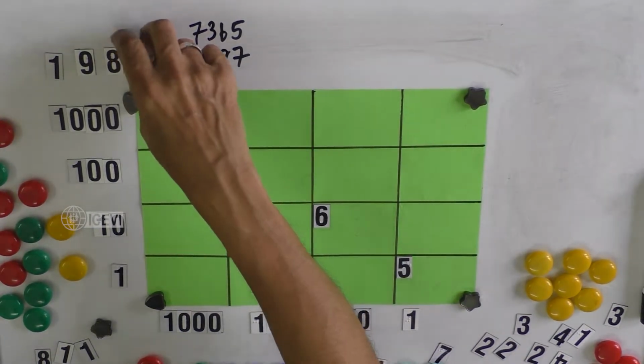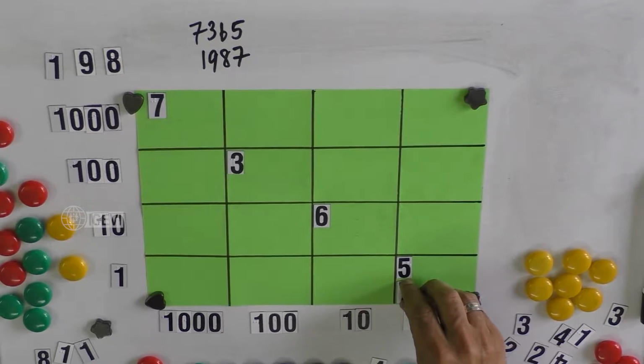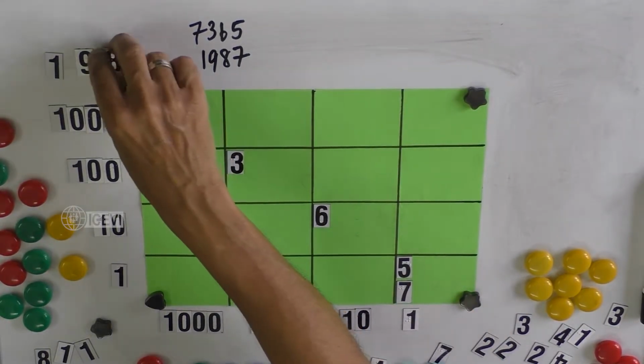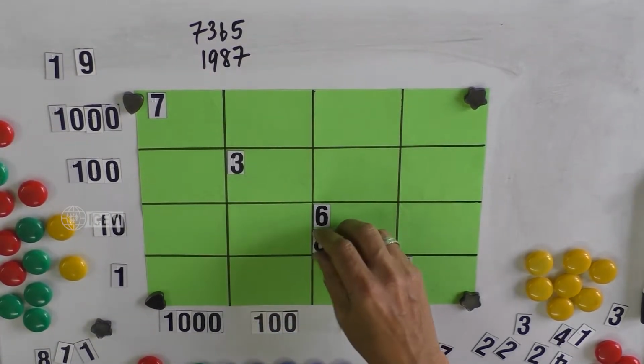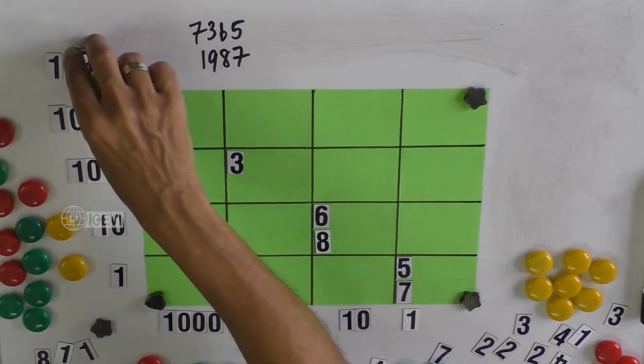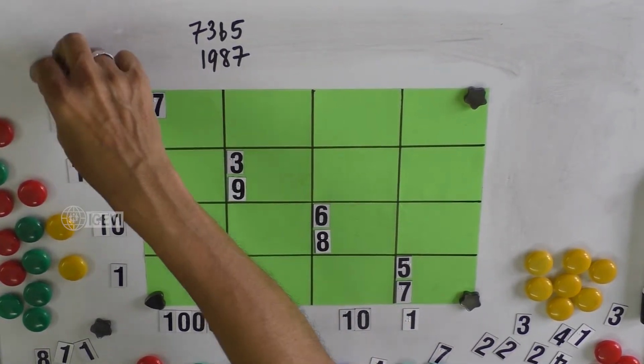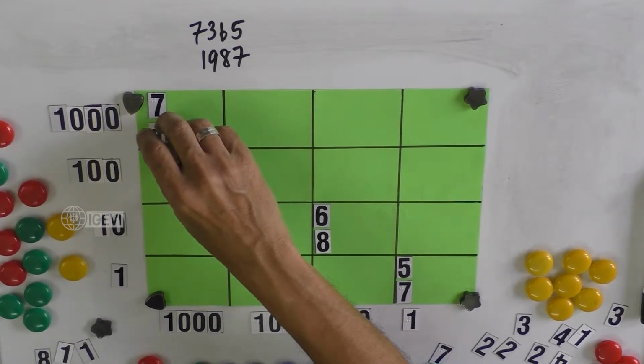Let us take the second number, place 7 below the 5 in the unit column, then place 8 below 6 in the 10th column, 9 below 3 and 1 below 7, right?